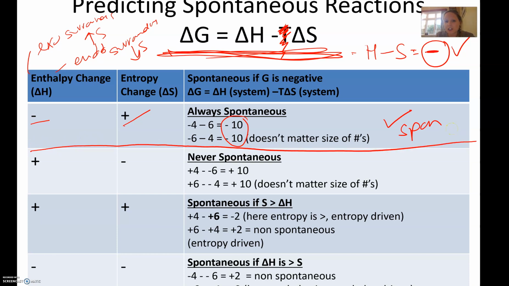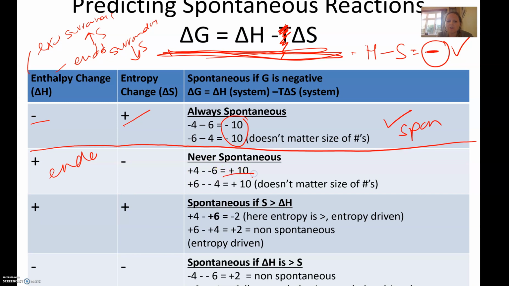So what situation is never possible? The situation that is never possible is to have an endothermic reaction that has a negative entropy. Okay, an endothermic reaction with a negative entropy is never able to happen. And let me tell you why. So if we have positive values for our enthalpy, and the equation is H minus S, and S is negative here. So +4 minus a minus is a positive.